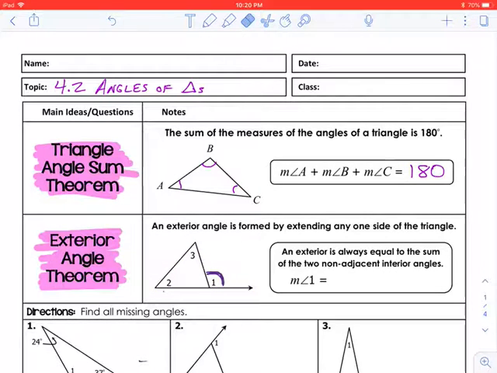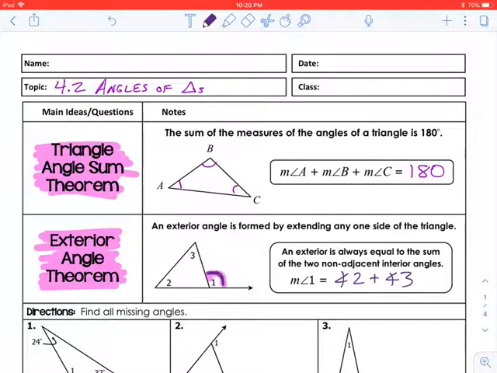So if there is an exterior angle, the measure of that is going to be the two other angles. Angle 1's here. The two other angles that aren't attached to 1 are 2 and 3. So if that's the case, the exterior angle theorem says measure of angle 1 equals the sum of those two.